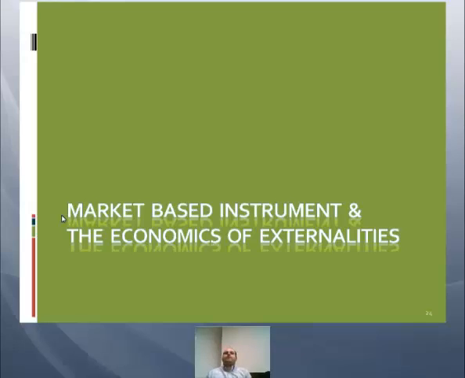Now, concluding this presentation with the so-called market-based measures. Market-based instruments was actually how we referred to these measures some years ago. And they are mainly related to the economics of externalities.